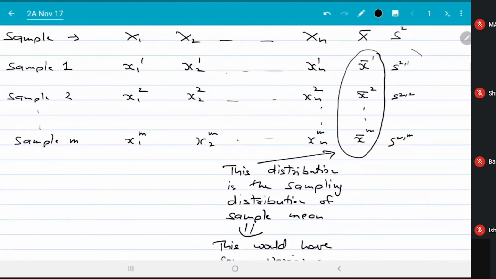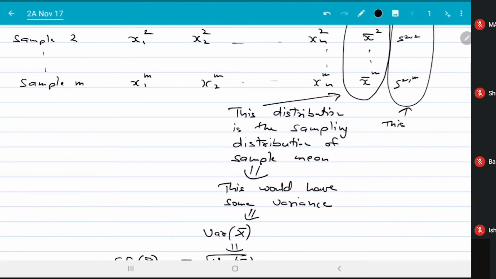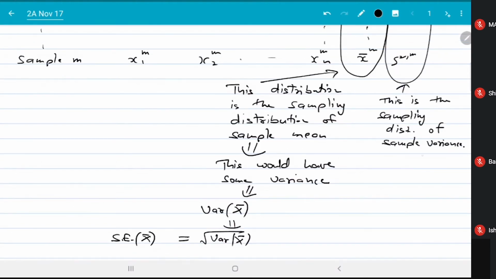Similarly, this is the sampling distribution of the sample variance. This is where it gets confusing. You already have an estimator which itself is a variance, and you have a distribution. This distribution of sample variance would have some variance as well.